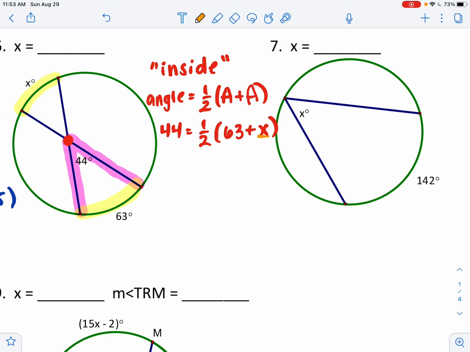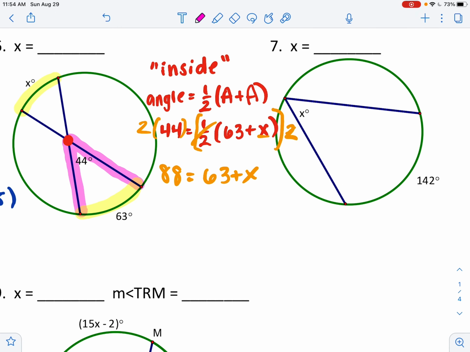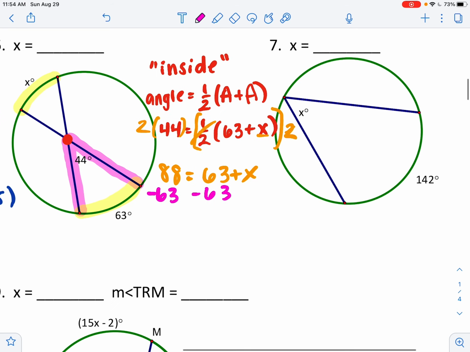The reciprocal of 1/2 is 2. So I'm going to multiply by 2. Whatever I do to one side, I have to do to the other. So 2 times 44 is 88, equals, those cancel, and I'm left with 63 plus X. All right, last thing to do here is to get rid of that 63. So I'm going to subtract 63 from both sides. 88 minus 63 is 25. So X equals 25.